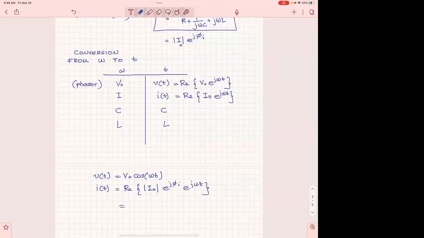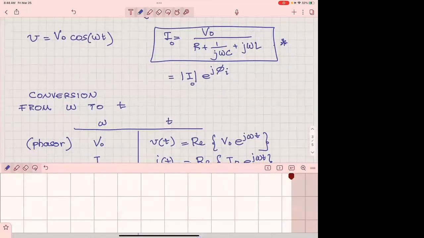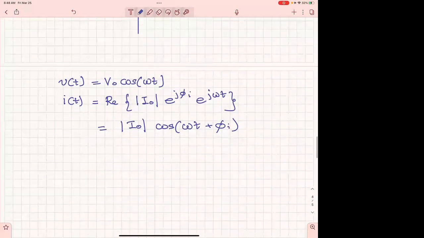So the real part of this is the magnitude of I naught times cosine of omega t plus phi sub I. And then you find the magnitude and the phase from here. Now, check this one. You remember those? You have seen those in circuits? Yes? Good. I just want to make sure that we connect to what you have seen.